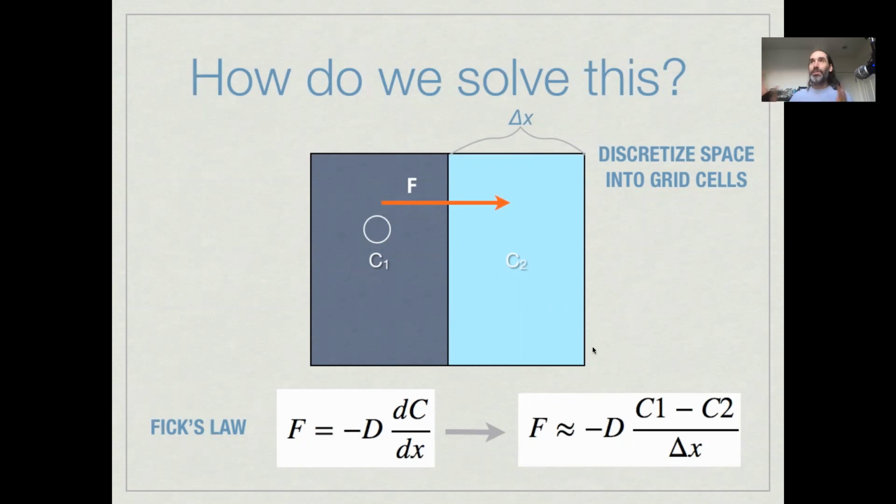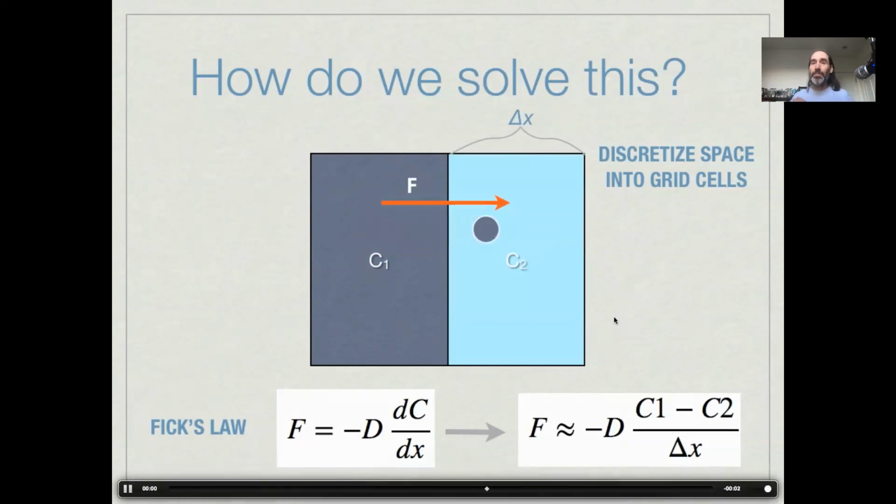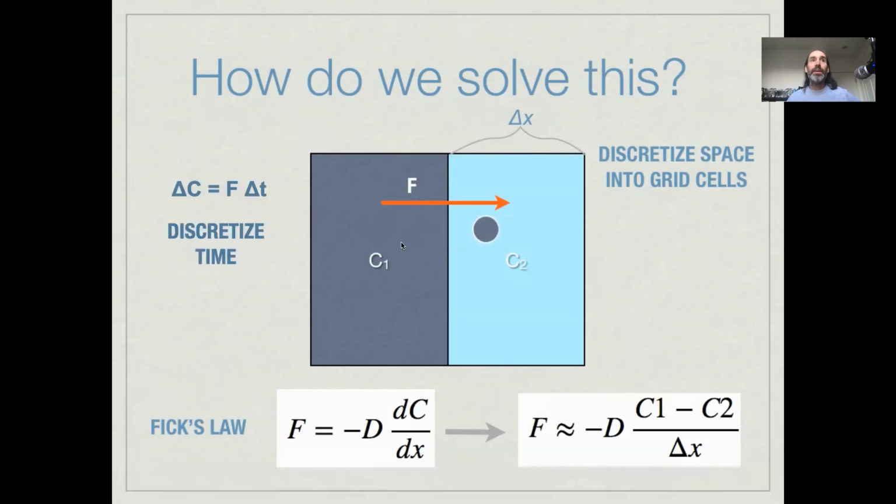And we could do this dual discretization such that we could actually model some discrete amount of, in that case, pollutant moving from one place to another in a discrete amount of time.